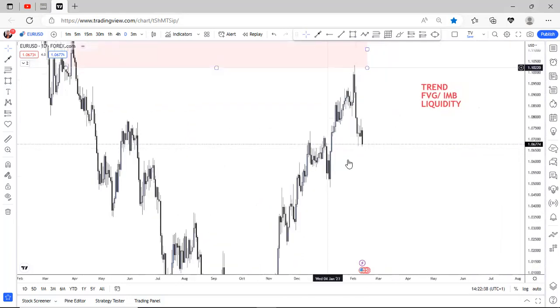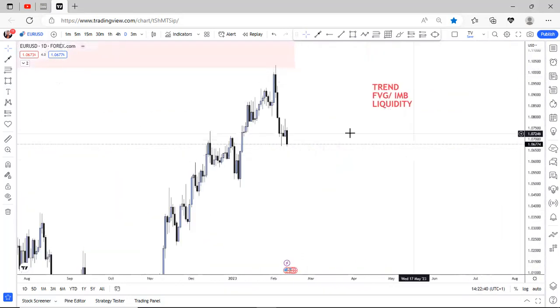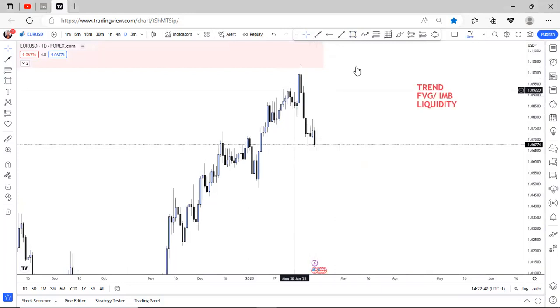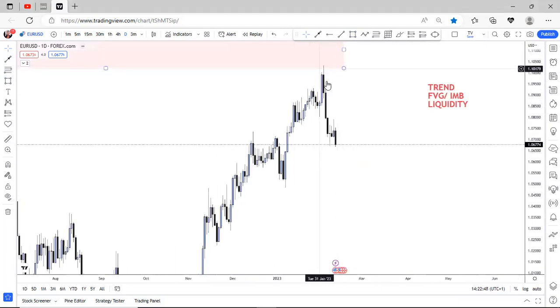Next thing you want to check out for is where you have liquidity or fair value gaps, what we call imbalance. So let's take for example, when price hits this supply zone, you can see that we have every reason to sell, because just right here we have FVG, the fair value gap.